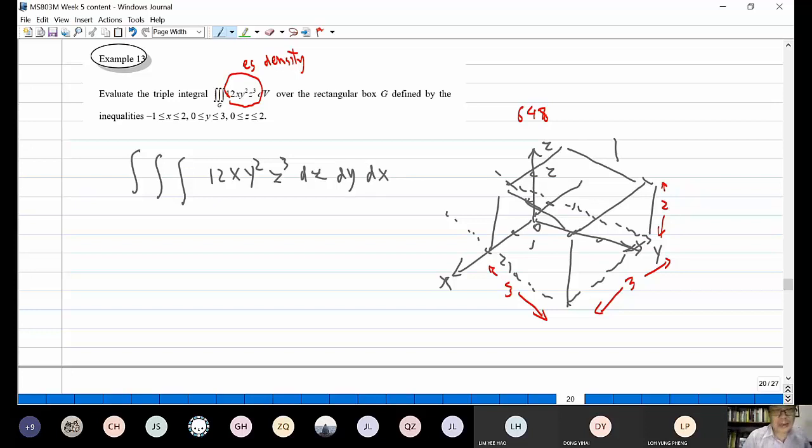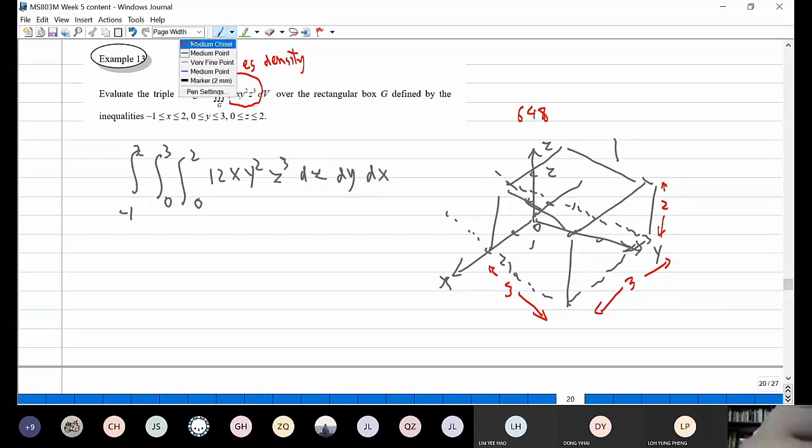Okay. So then you just fill in the limits accordingly. So x from -1 to 2, so the outer limit is x from -1 to 2. Okay, y from 0 to 3. Z from 0 to 2.